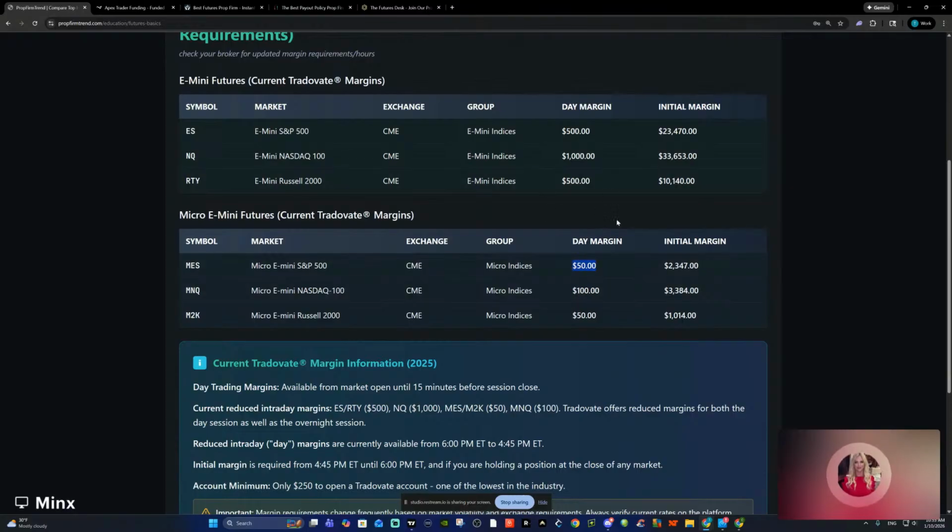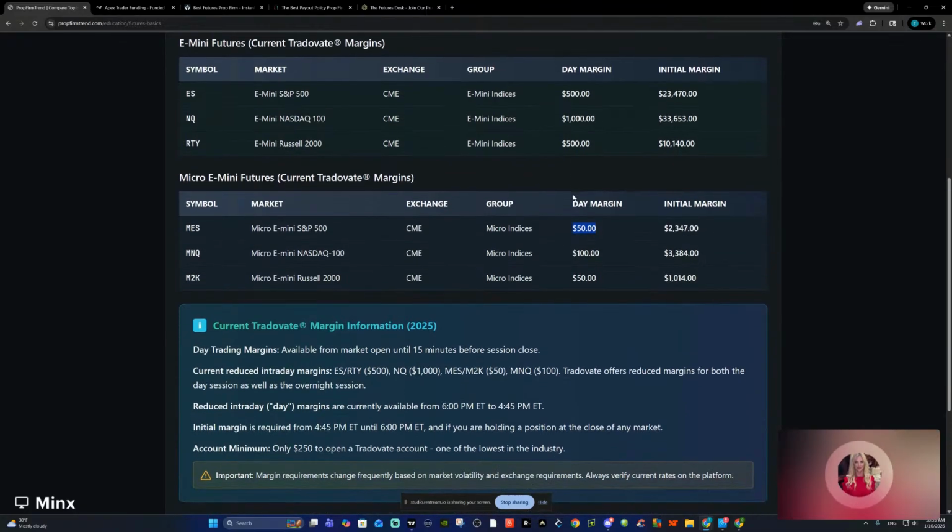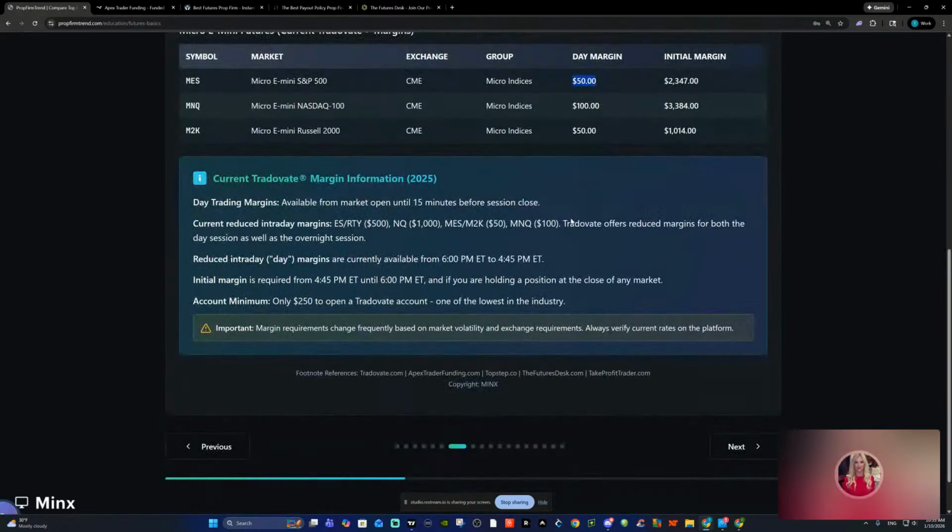Or I can have a $10,000 port and trade a few ES or NQ or whatever it is. So that's kind of the difference between the two. And I think the account minimum is like $250 to open up a Trade-O-Vate account, which is one of the lowest in the industry.